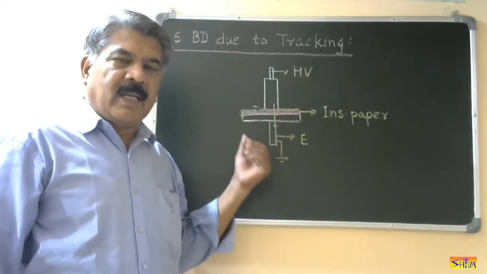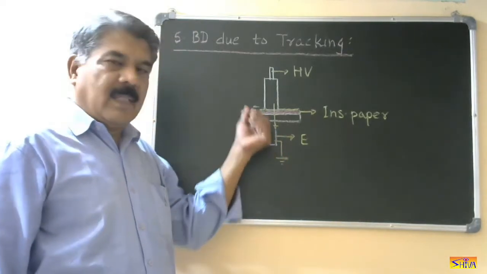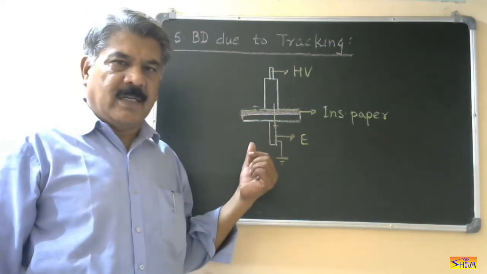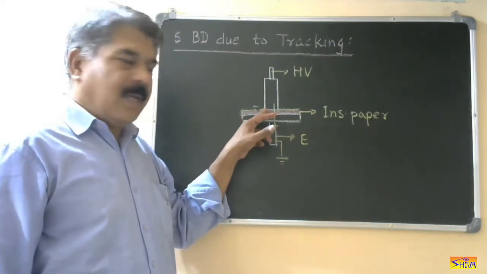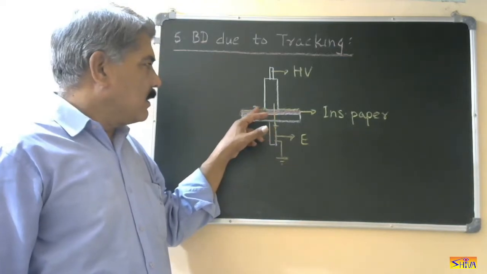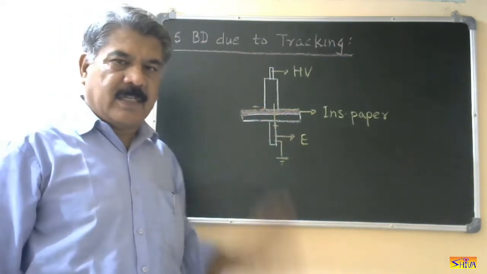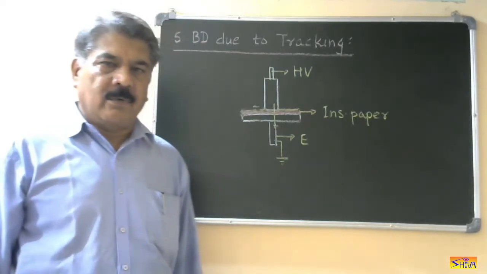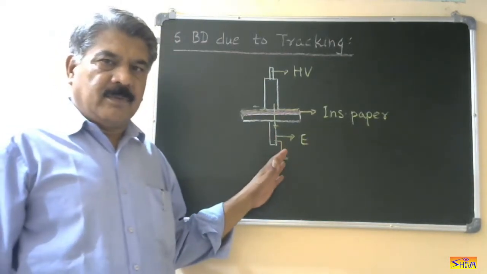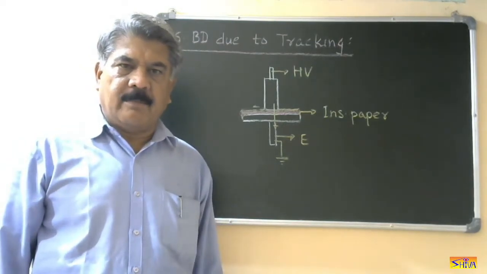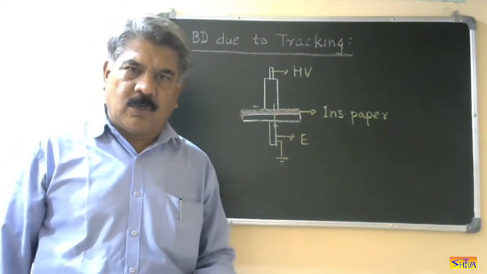Now this phenomenon is repeated and there will be eroded points on the surface of the insulation, and finally we may find the complete surface gets eroded, a large current flows, and the insulation breaks down. This type of phenomenon occurs after prolonged operation, but it can occur at low voltage also.